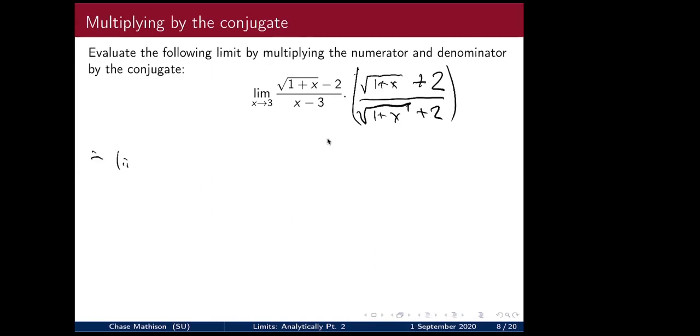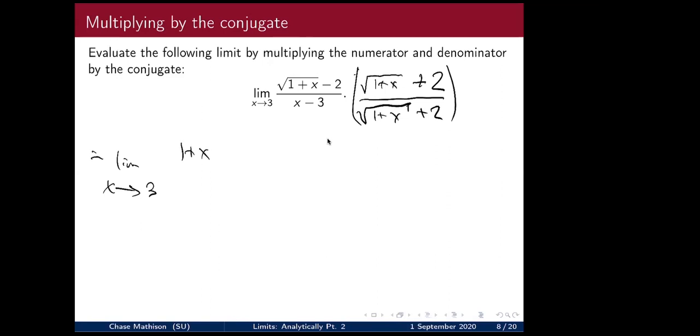So I'm multiplying top and bottom by the square root of 1 plus x plus 2. Okay, so limit as x approaches 3. What does the top become? And this is the whole reason we do this. What does the top become? The top looks like a minus b times a plus b. So what do I get after I do that multiplication? 1 plus x, yep, minus 4. Perfect.